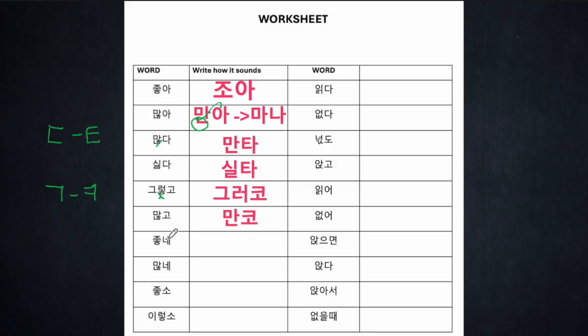Okay, the next one, when the next consonant is n or m, we didn't have any m one, then the h changed to n. Okay, so 좋네, 많네. Okay, and then if the next one is s, it changes to s, right? So it'll be 줬소, 잃었소.